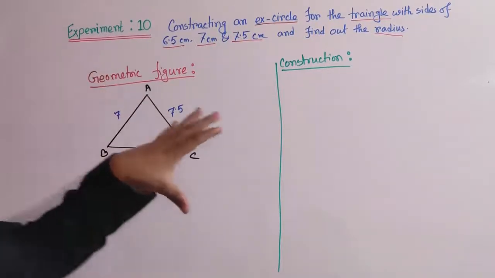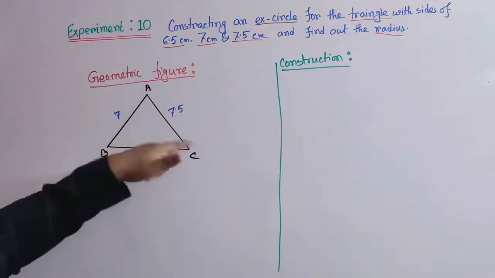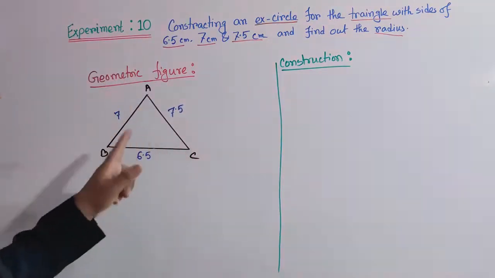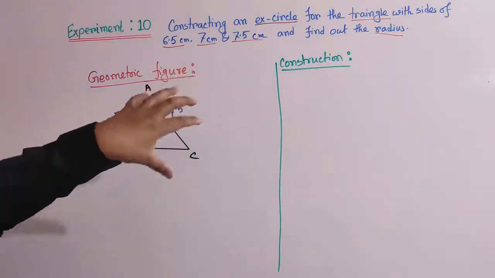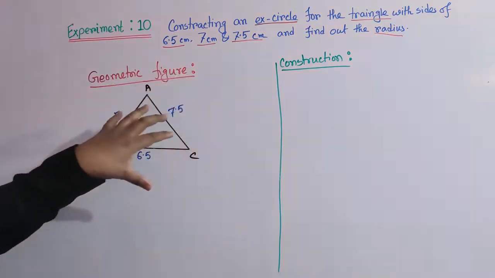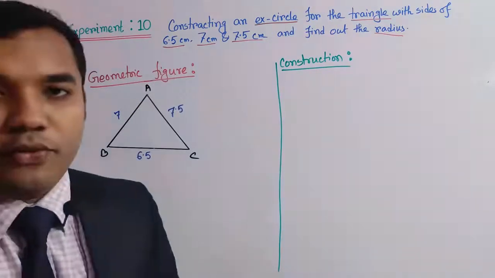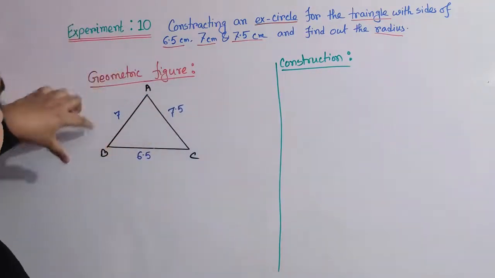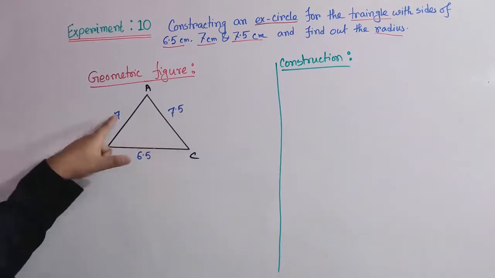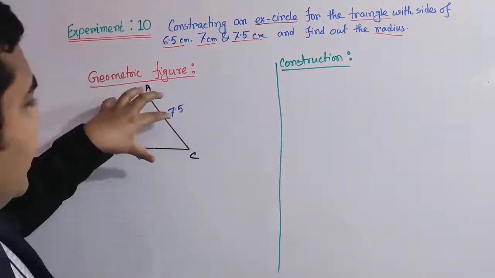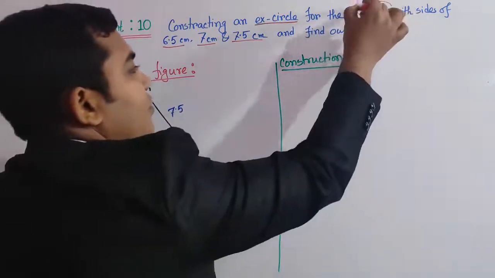In this geometric figure, we have drawn the circle and the triangle, and in this triangle we have taken the help of the three lines 6.5, 7 and 7.5. These are the three sides, and with the help of those three lines we have drawn the triangle first.